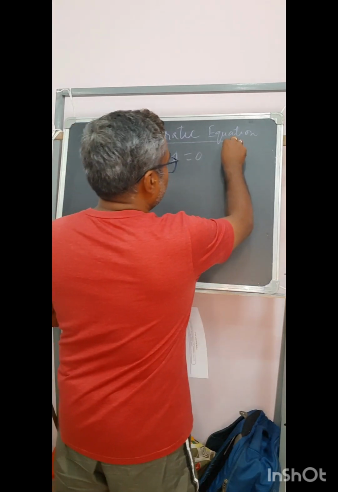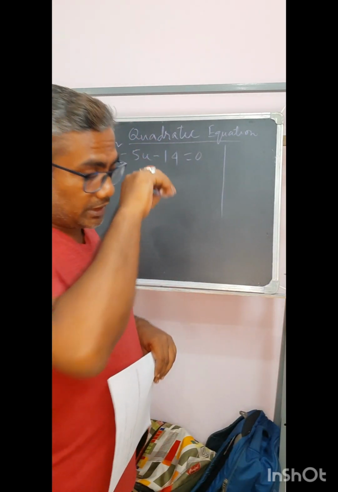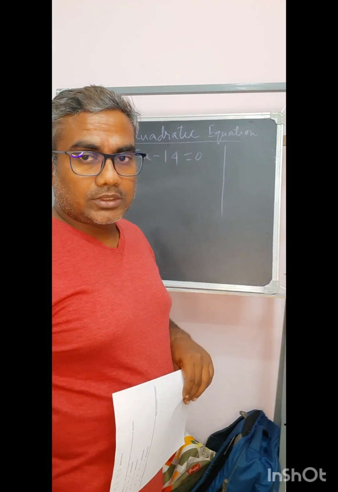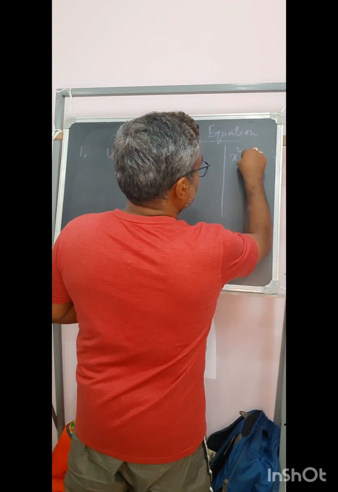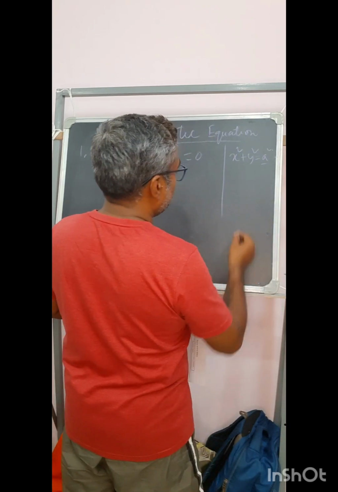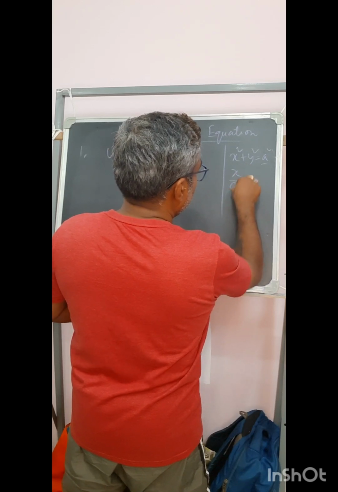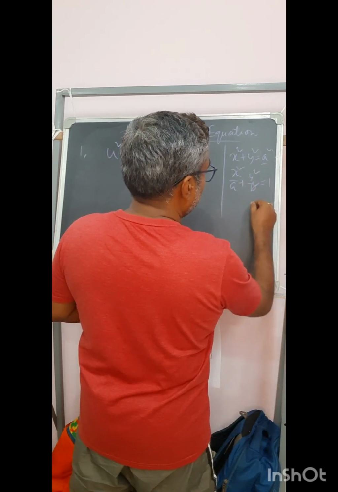A few figures have a specific quadratic equation, just like a circle: x square plus y square is equal to a square, where a is the radius. Then x square by a square plus y square by b square is equal to 1, that is an ellipse.